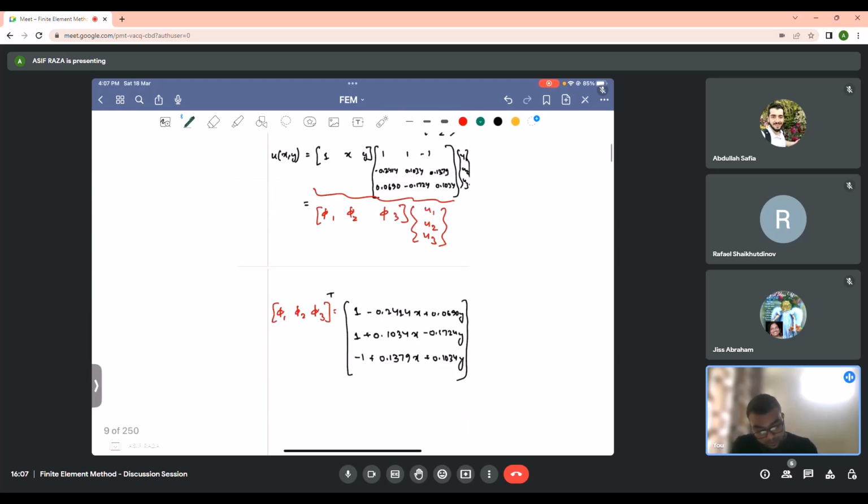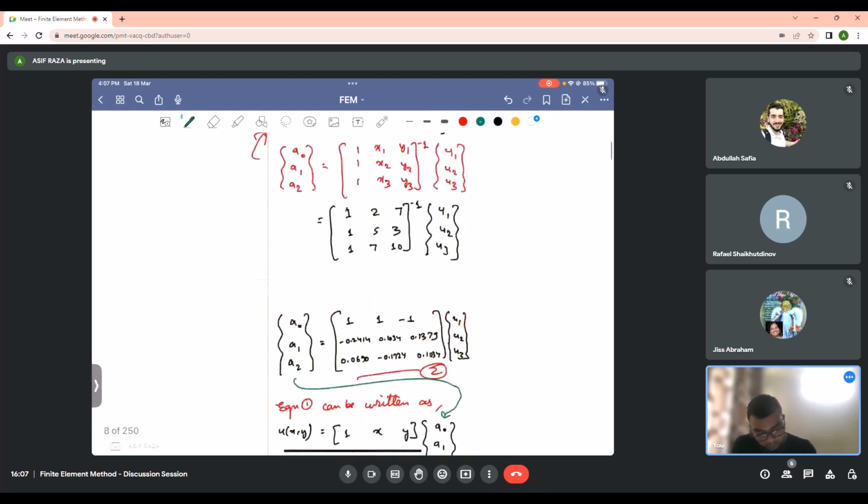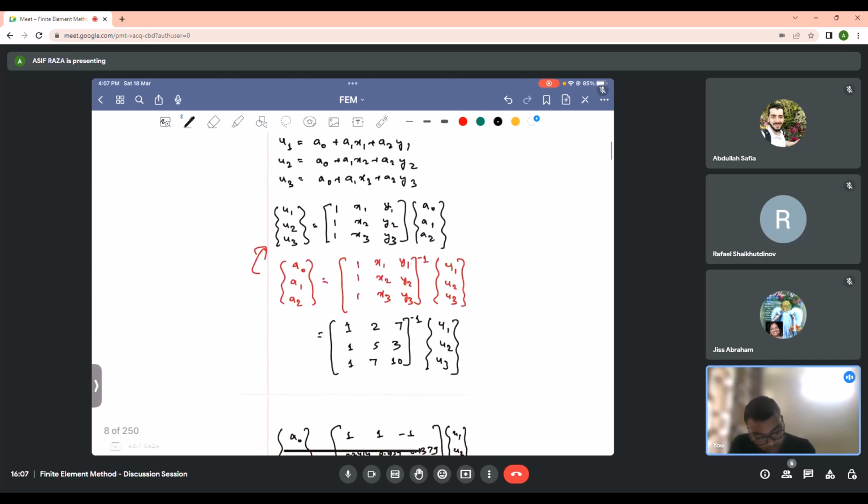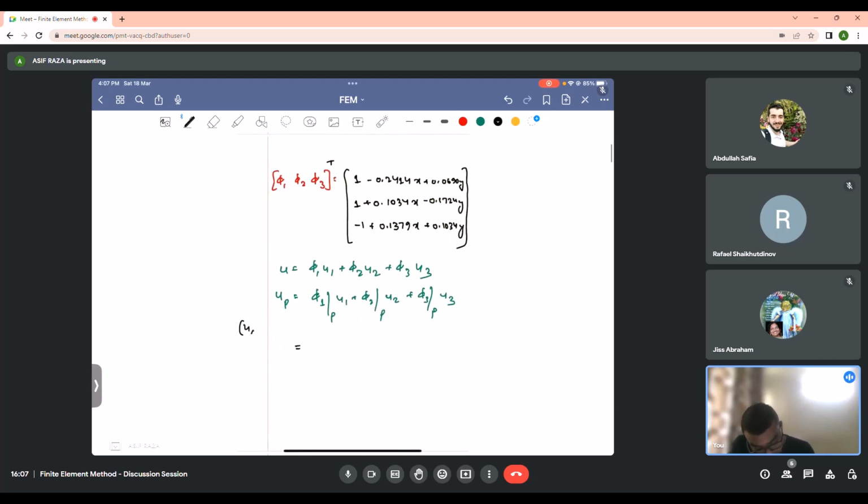According to the question, we have been given the value of u as phi 1 u1 plus phi 2 u2 plus phi 3 u3. To find the value of u at p, we just need to substitute phi 1 at p u1, phi 2 at p u2, and phi 3 at p u3. The coordinates of p are 4, 6.